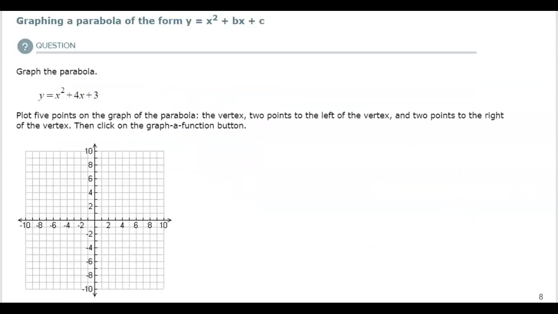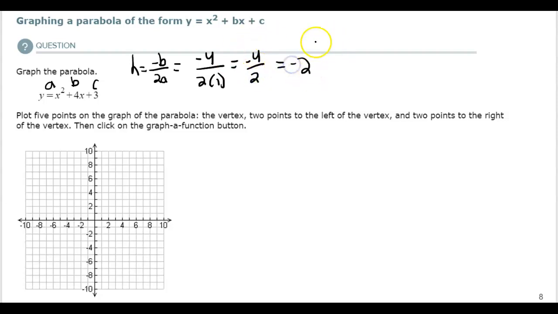So now we're going to graph a parabola that's in this standard form. We have a, b, c, h equals negative b over 2a. a is 1. So my h is negative 2.